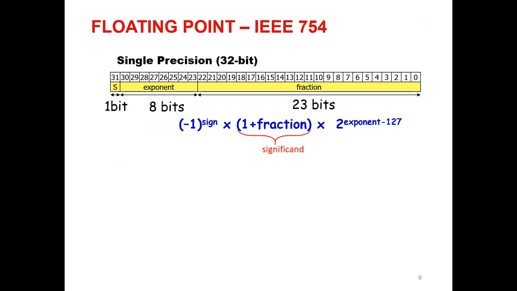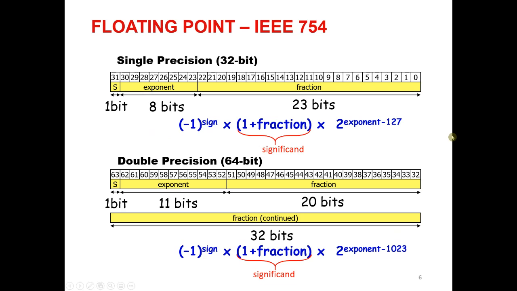Then, more graphically, with single precision, we have 32 bits for representing a floating point number. In this case, the sign will be in the left part, as we have seen. Then we have 8 bits for the exponent and 23 bits for the fraction.